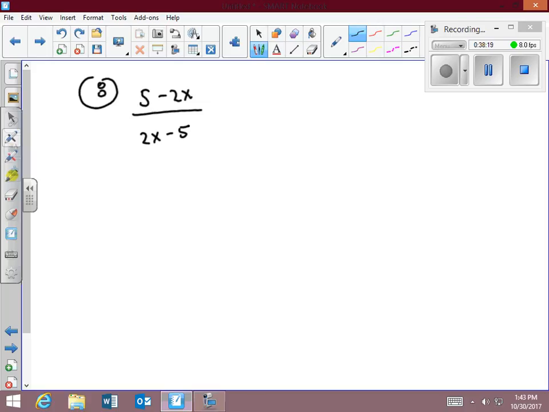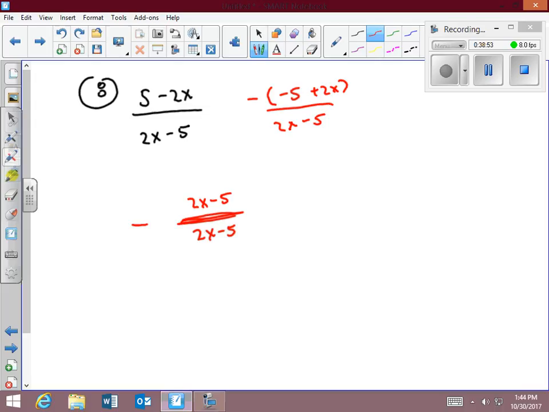But now if you took a negative sign out of the numerator and wrote that numerator as a negative, minus 5 plus 2x, over 2x minus 5, and then you wrote this negative sign out in front and changed the order of the numerator, you'd have (2x minus 5) over (2x minus 5), and this line right here being your brackets for the numerator and denominator.